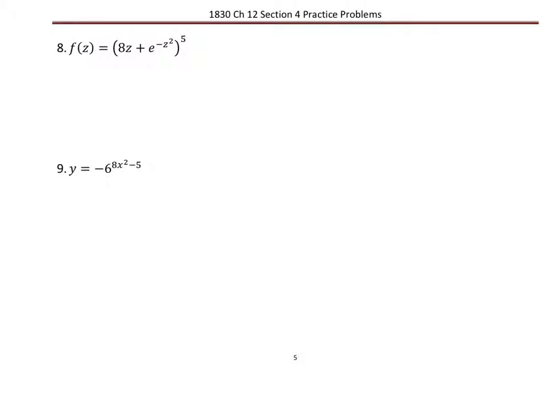So here we've got a chain rule problem with a pair of terms inside the parentheses. And if you remember your chain rule, we would start out by bringing the 5 down in front, multiply it times 8z plus e to the -z squared, and reduce that power by 1, making it 4.